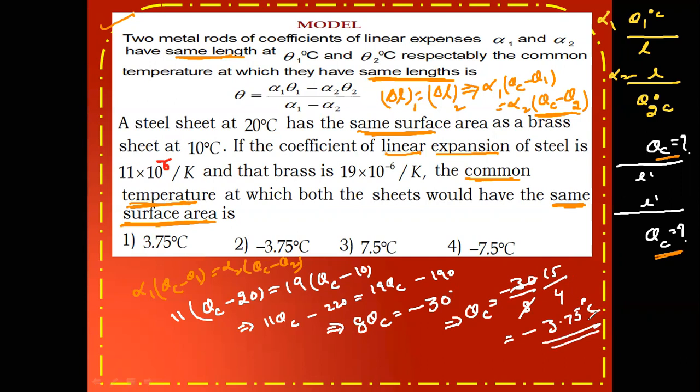That means if you cool the bodies to minus 3.75 degrees Celsius, in that condition only they have the same length once again. This problem was already given once in the NEET examination.